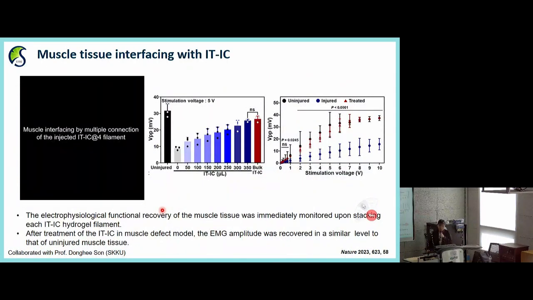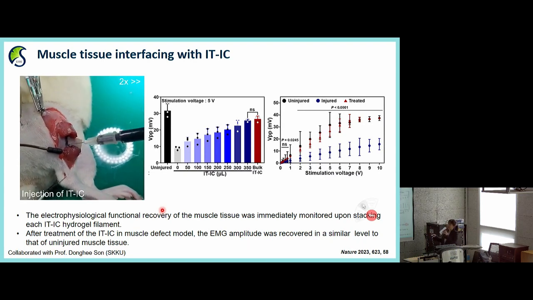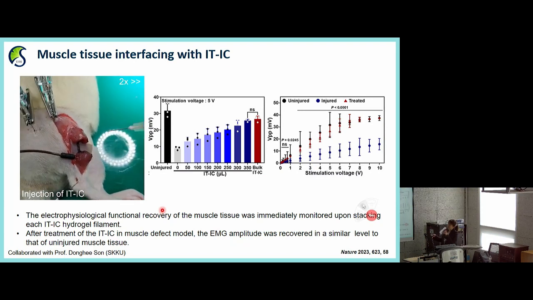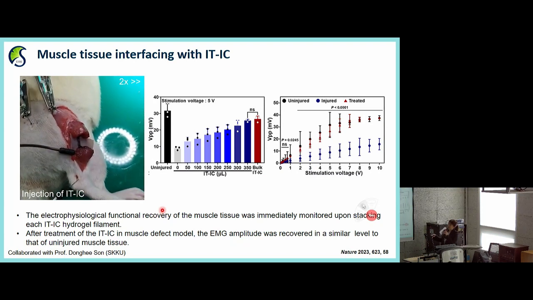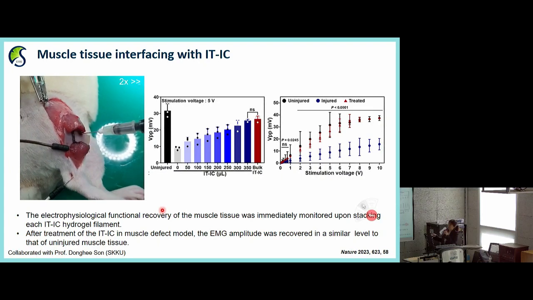Next slide. First, we want to check the signal transfer capacity of our hydrogel for EMG. We fill the defect by stacking hydrogel filament between the muscle tissue.